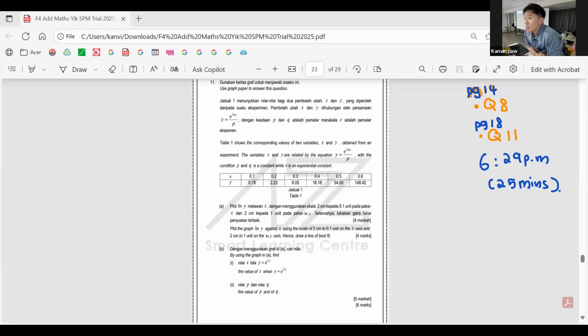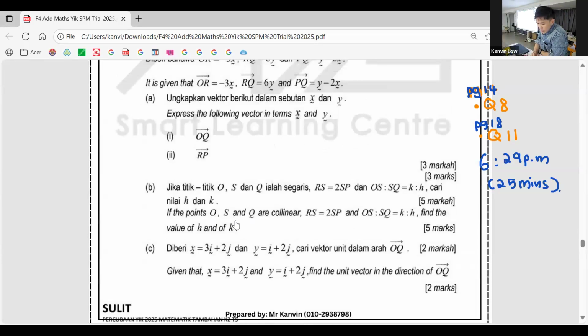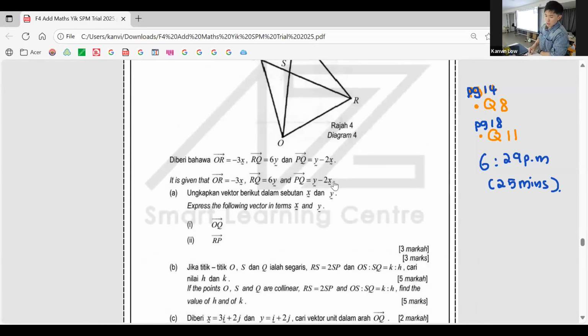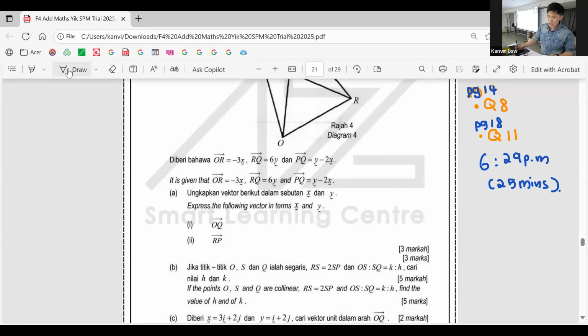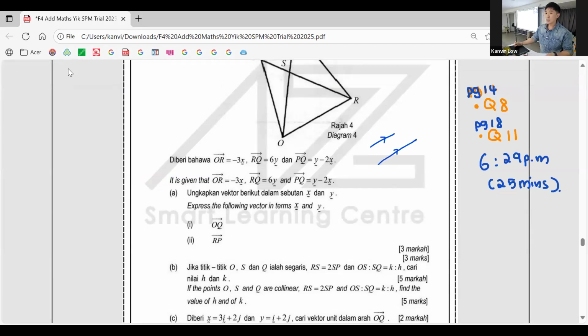You don't understand question B. Q, S, R is collinear, RS equals to something, then after that, find the value of H and K. You remember I told you when it is collinear, you can write OS equals to lambda SQ, something like that. Collinear means that they are parallel, but the magnitude is different.